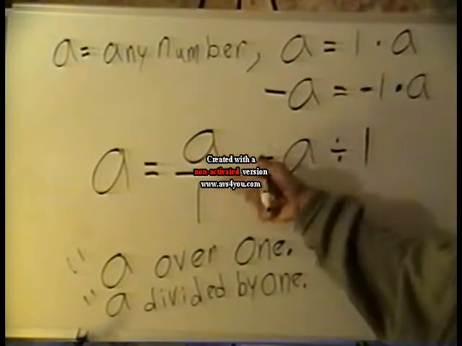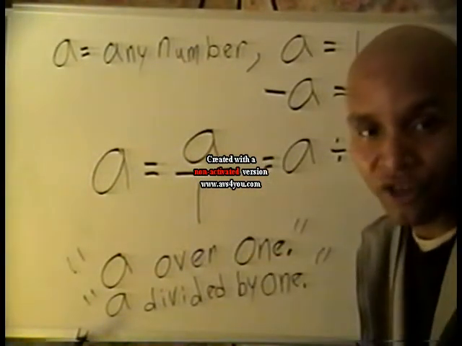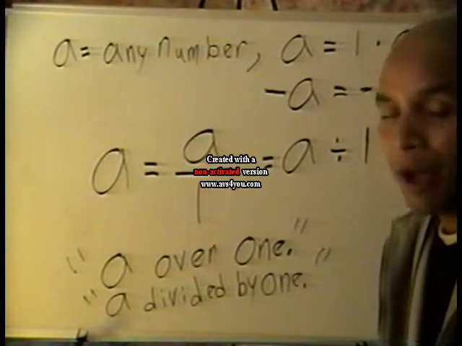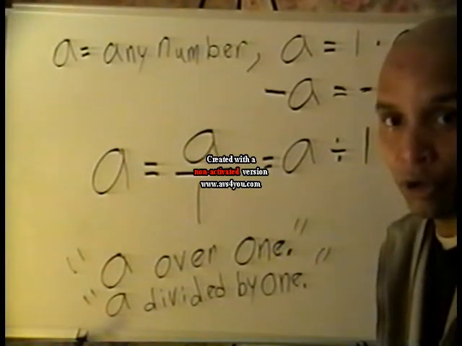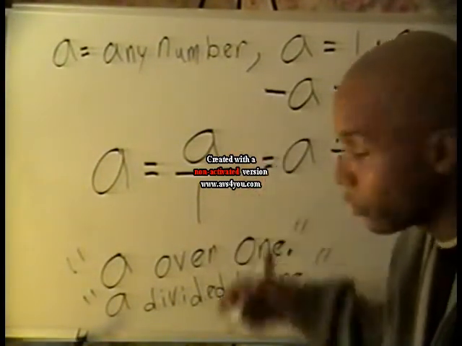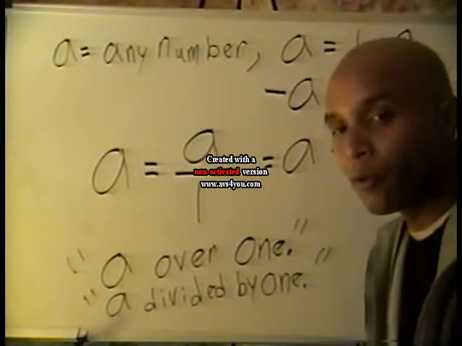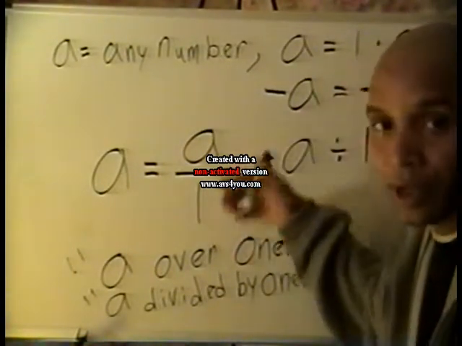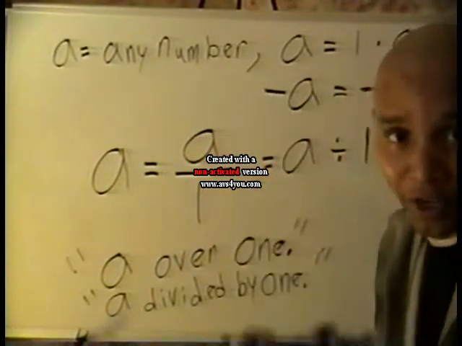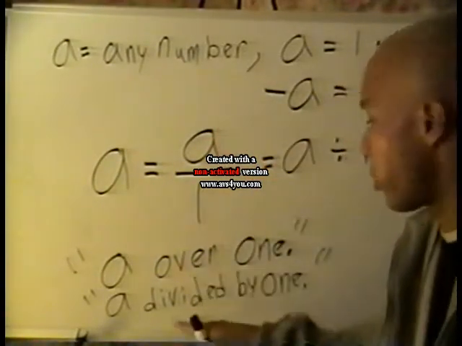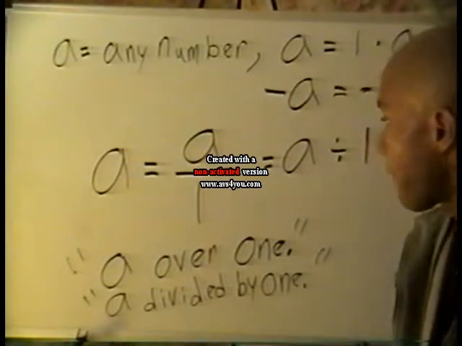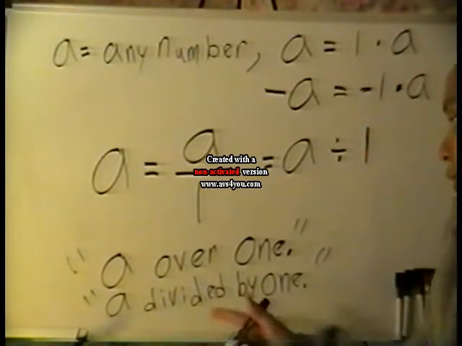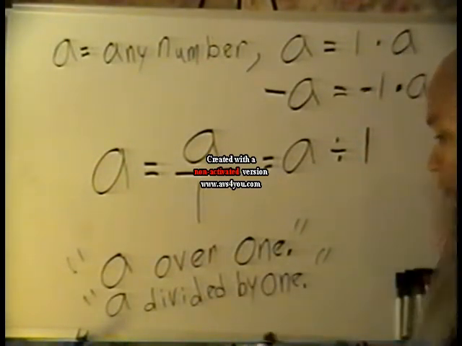If I have terms in this form, what you call a fraction, but mathematicians call a rational expression, we say the numerator over the denominator. We say the word over instead of saying divided by, but both are correct.